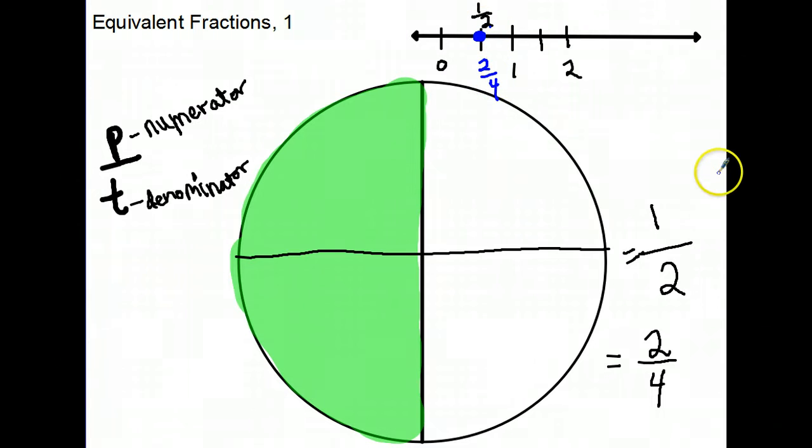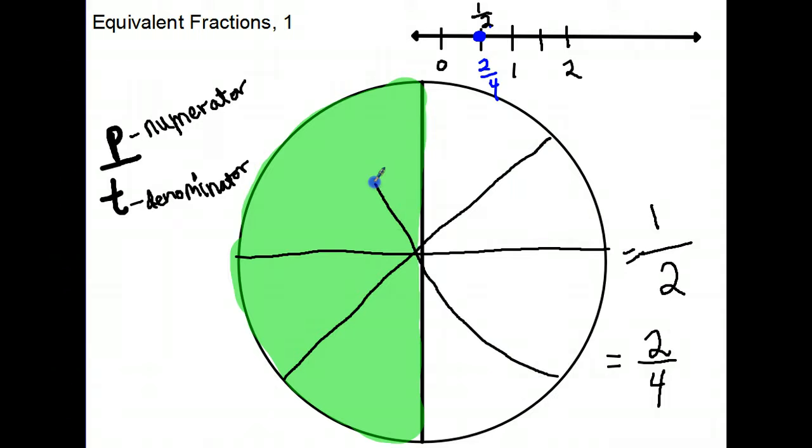What if I further cut my pie again? I bisected my points here, cut this way. Sorry, that's not the straightest of lines, but now I have 8 pieces, right? I have a total of 8 pieces. So how many of those are shaded now? What is equivalent to 1/2? If we have a denominator of 8 pieces, then our numerator has to be 4.